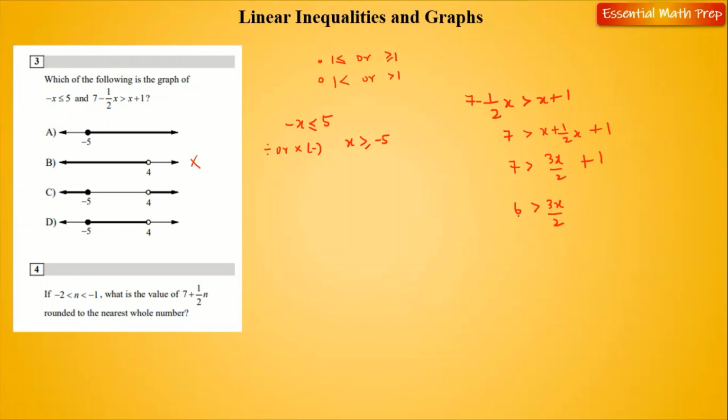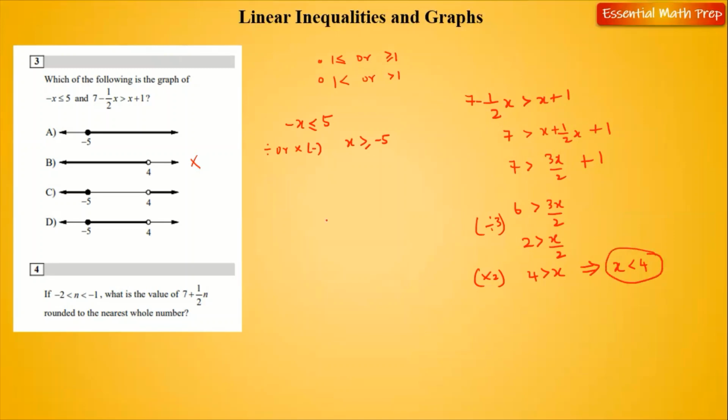We can divide by 3 on both sides, which would make it 2 greater than x over 2, right? Now multiply by 2 on both sides, so 4 greater than x, right? In other words, x is less than 4, right? 4 is greater than x is the same as x less than 4, right?